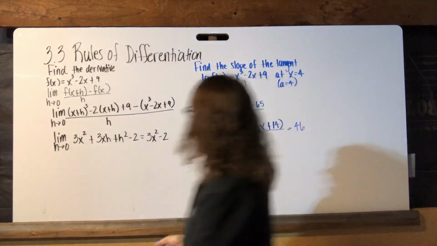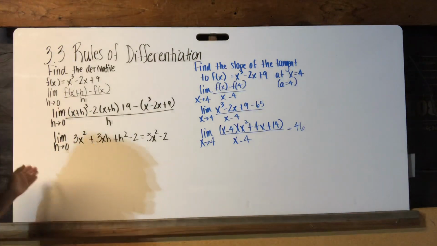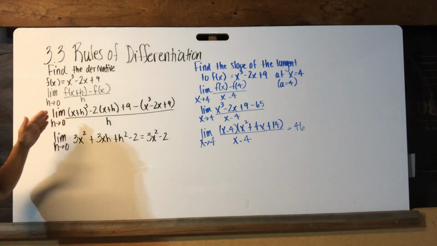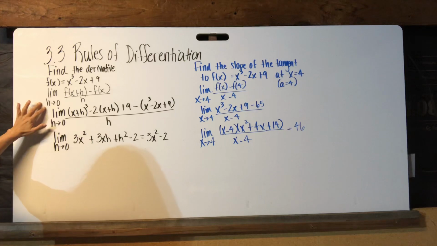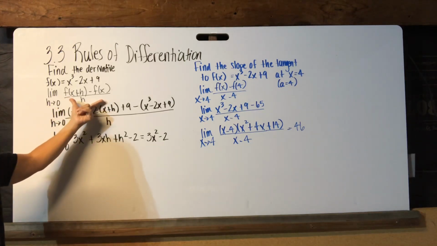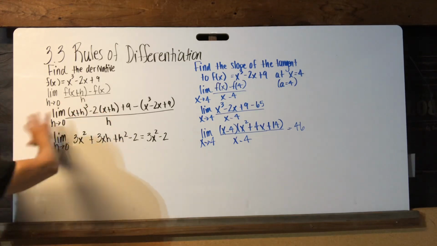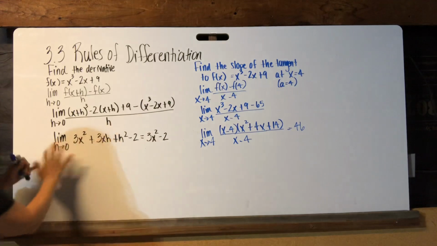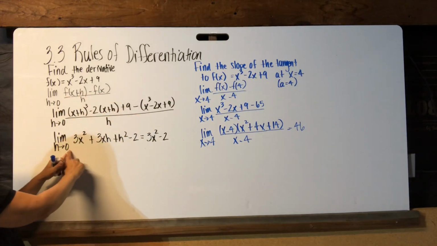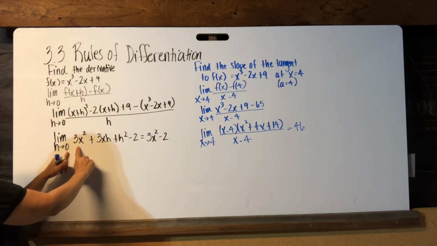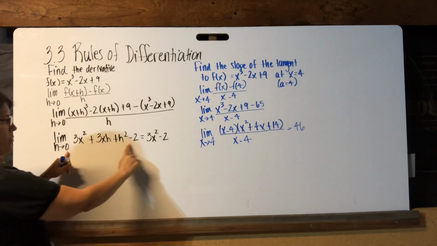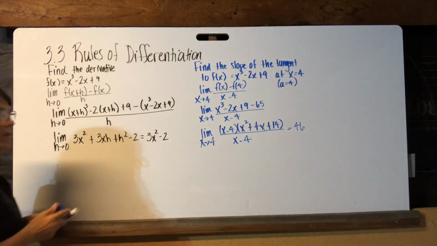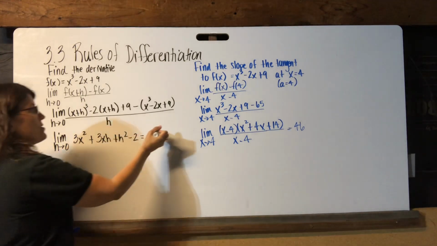Okay, so I showed some of the work, but you do the limit as h approaches 0, f of x plus h minus f of x over h. You plug in x plus h and you do all the work. You factor out h and you end up with 3x squared minus 2.